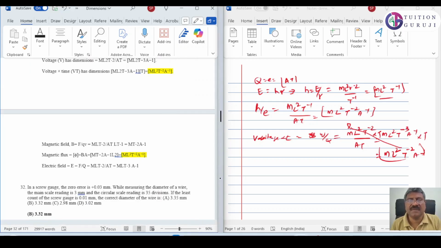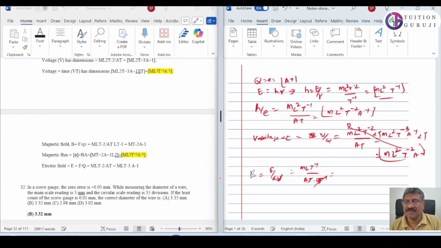Next one is magnetic field. Magnetic field B is equal to F by QV. Okay. So F, we know, is MLT⁻². Q is AT, and V is velocity, LT⁻¹.